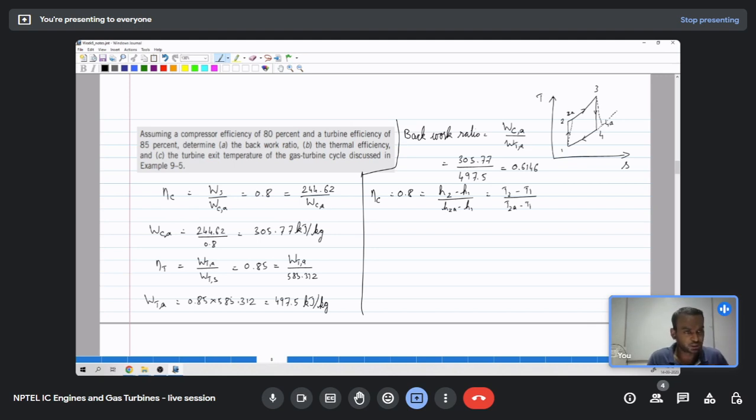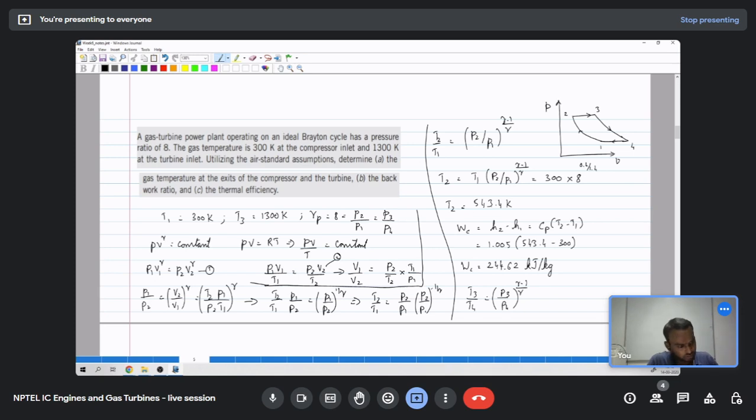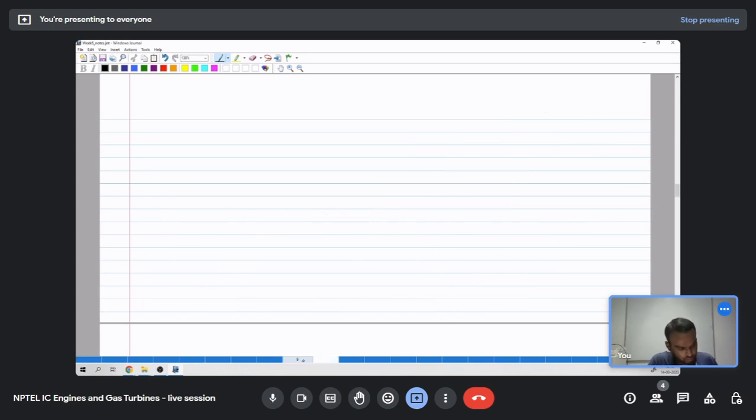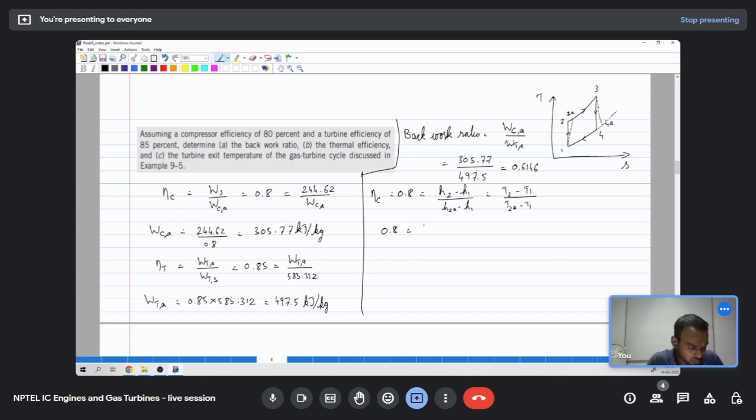Here only T2A is unknown. So 0.8 is equal to T2, which we have calculated earlier as 543.4 Kelvin, minus T1, which is 300, divided by T2A minus 300.